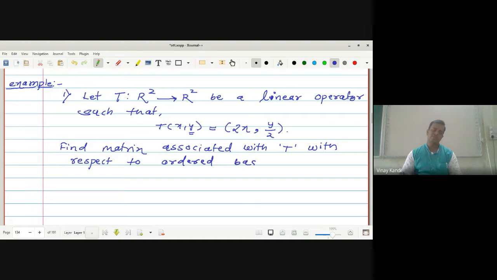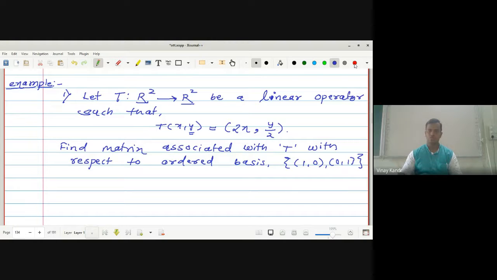Ordered basis given to us, first basis, standard order basis 1 0 and 0 1. This is the basis of our R2 domain and codomain, and you have to find the matrix of transformation.